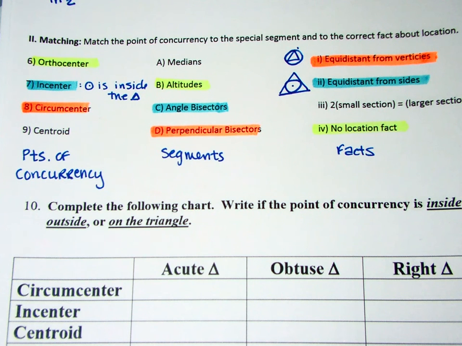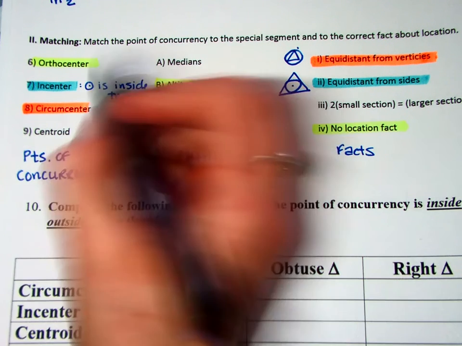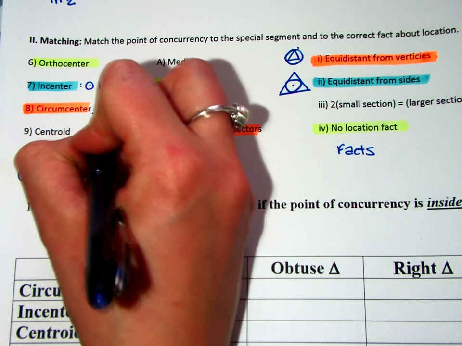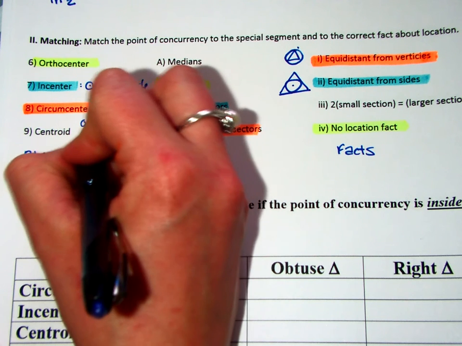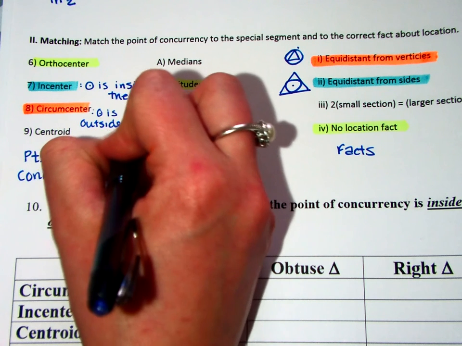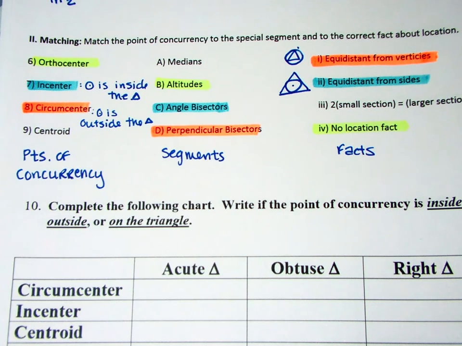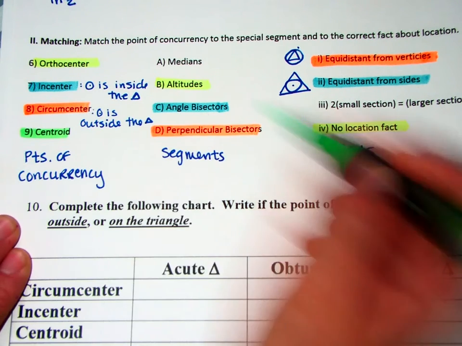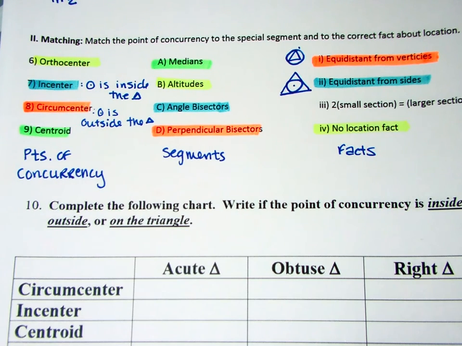So equidistant from the vertices means the triangle is going to be inside the circle. So circumcenter, the circle is outside the triangle.